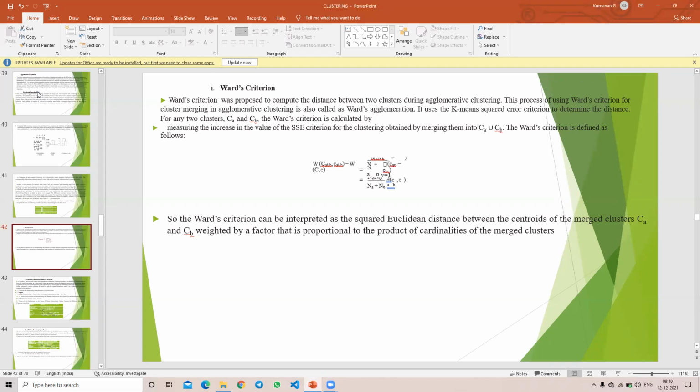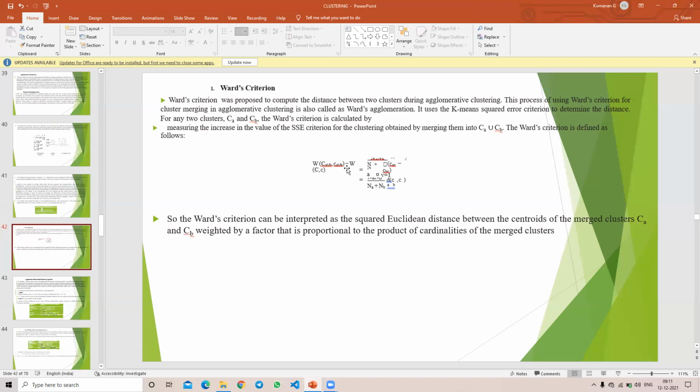Ward's criterion is calculated by measuring the change in the value of the SSE criterion for the clustering obtained by merging CA union CB. Ward's criterion is defined as follows: W of CA union CB is equal to NA times NB divided by NA plus NB, times the sum of the distances between the centroids.